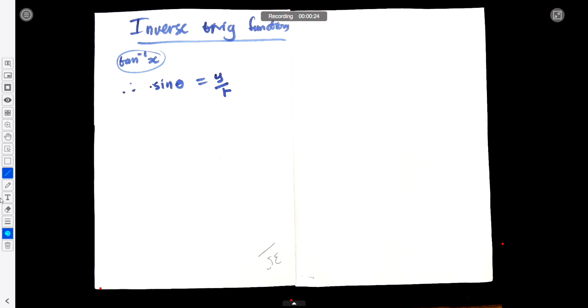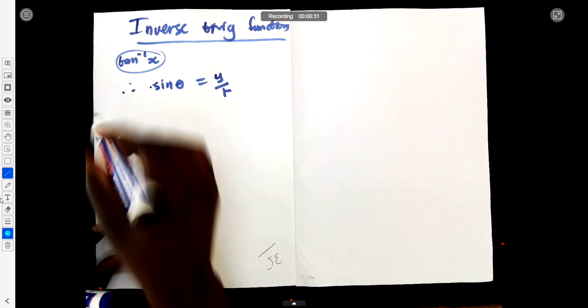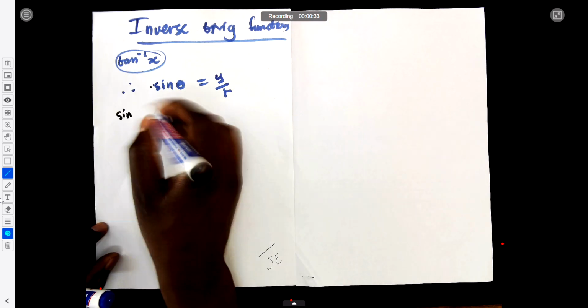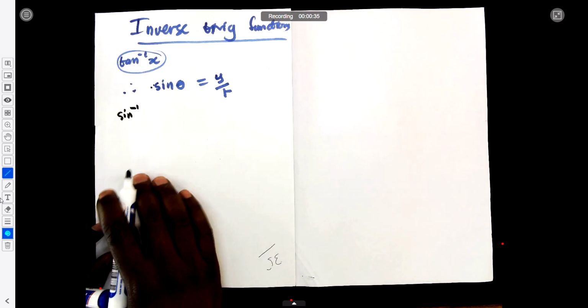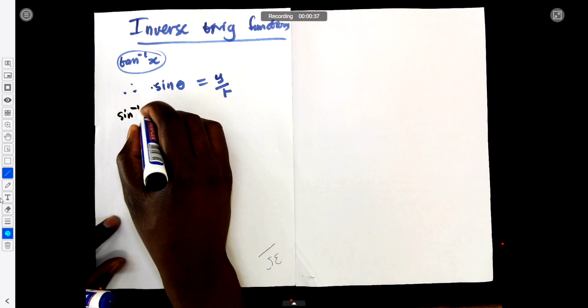Let's say we want to find a solution for theta. We are going to apply arcsine on both sides of the function.